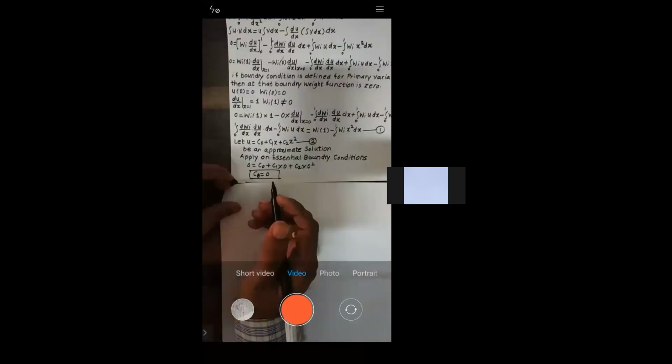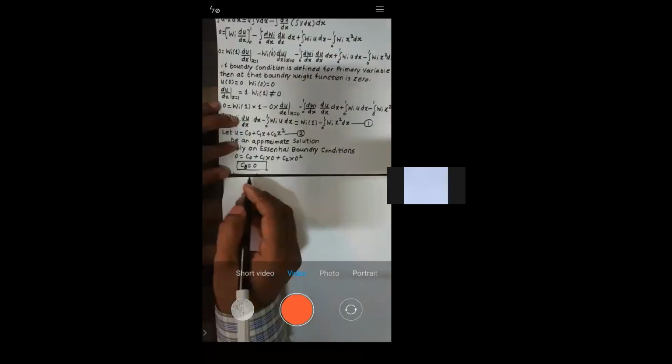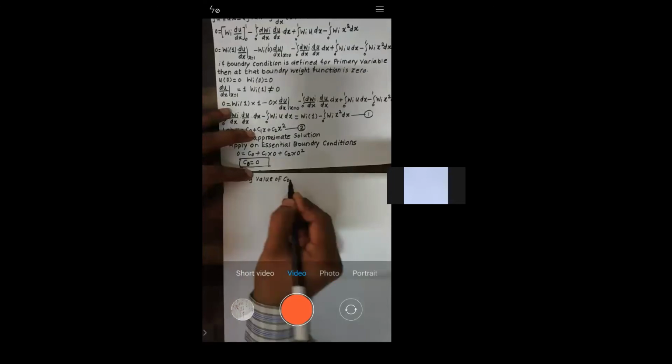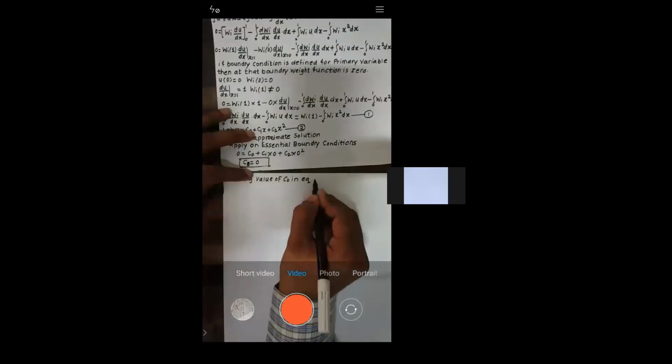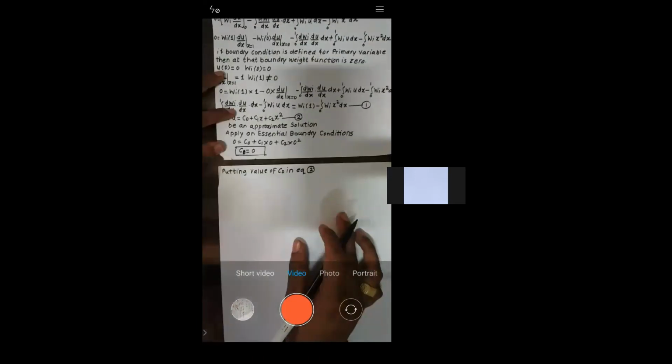Okay. So if you put C0 is equal to 0 in equation number 2, putting the value of C0 in equation number 2, what will I get?